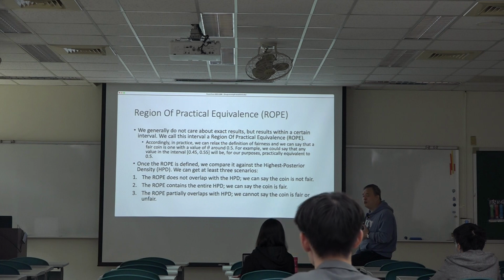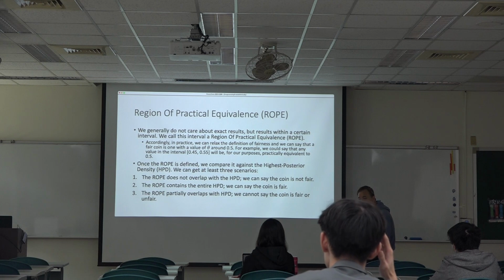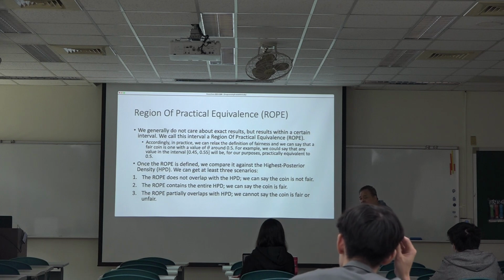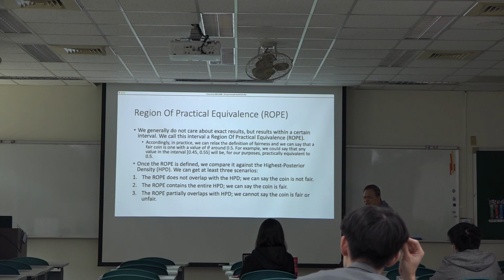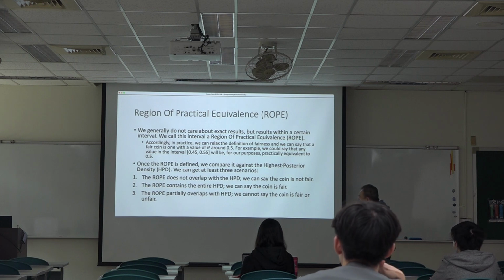Or it could be 0.49998. Do you consider those coins fair enough? In practice, those coins may already be considered fair enough. So for example, we could say that any value in the interval 0.45 to 0.55, if theta is within this range, then the coin is considered fair.